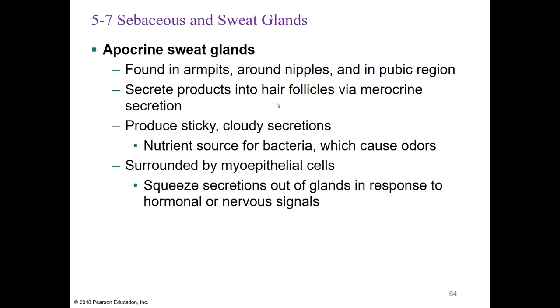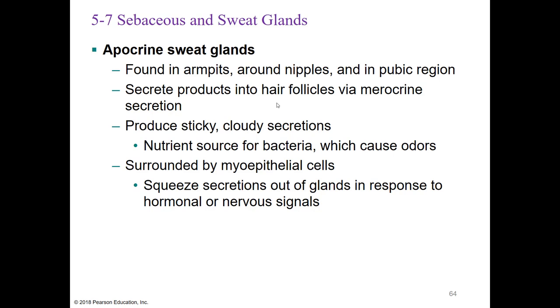Okay, so we've got sweat glands, which can be apocrine or eccrine. Apocrine sweat glands are found in the armpits, around the nipples, and in the pubic region. And the name is a bit misleading. They secrete products into hair follicles by way of merocrine secretion. So in chapter 4, we also talked about the difference between merocrine and apocrine.